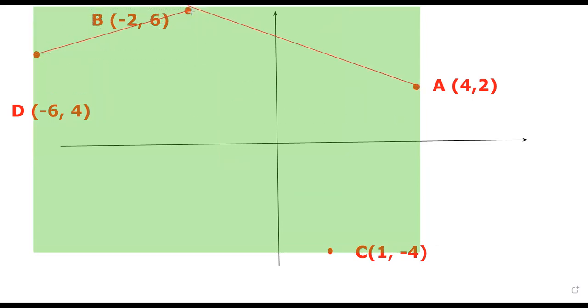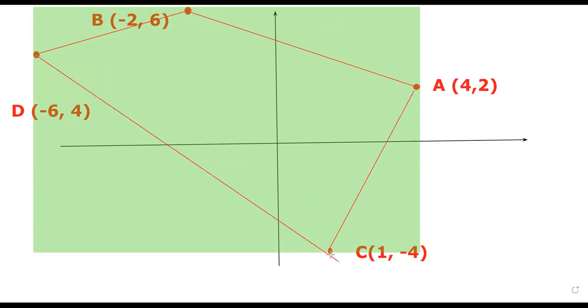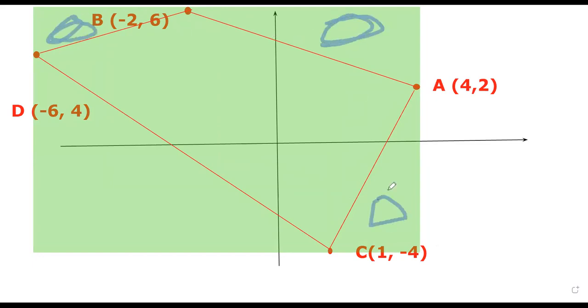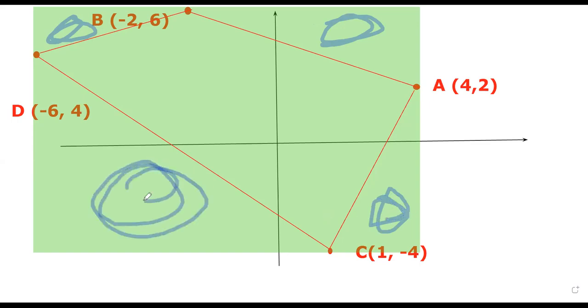So instead of finding the area of the quadrilateral directly, we find the area of the whole rectangle and then subtract the 4 right angle triangles in here, here, and here. Then we will get our target area.